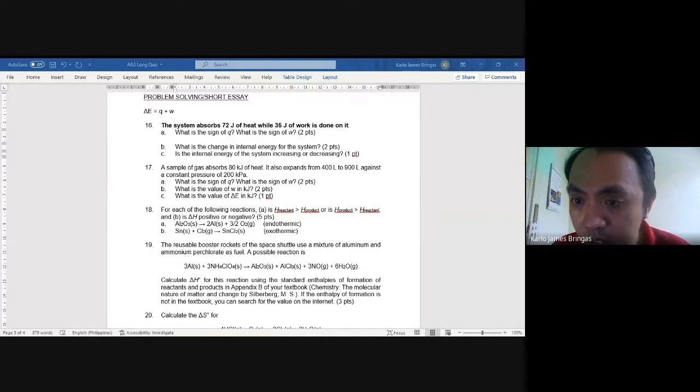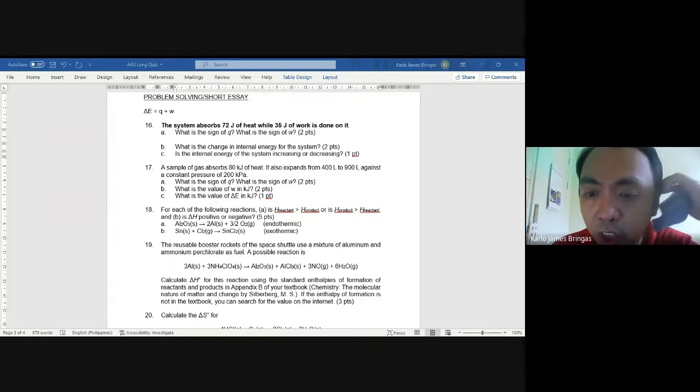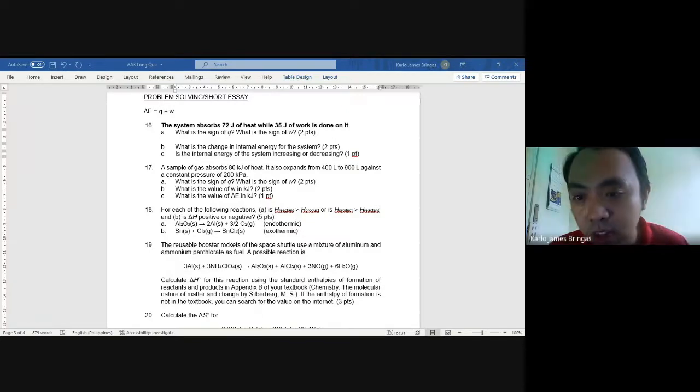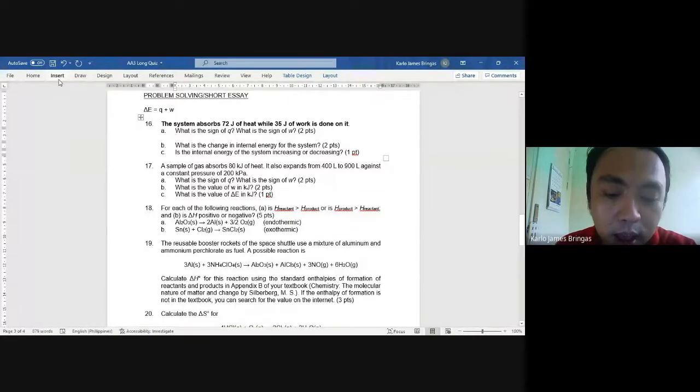Okay, so Danielle and AC and Sham have their answers. Sham, is Q positive or is W positive, or are they both positive? Okay, AC, Sham, and Danielle all agree, as do I, that reading this particular situation, we have a positive Q and also a positive W. We know this because it says here that the system is absorbing heat.